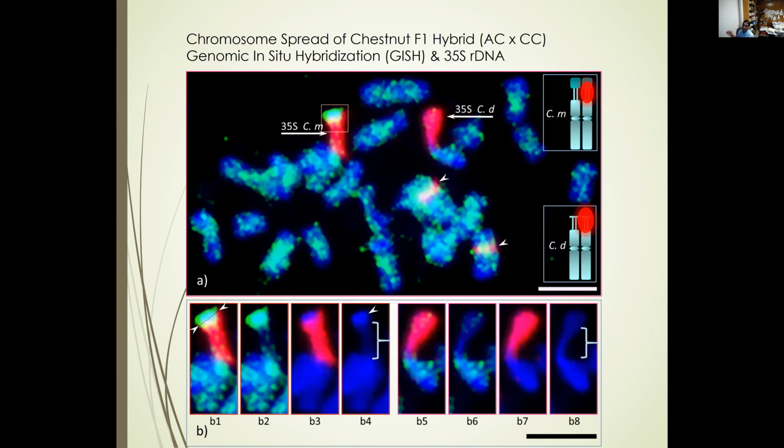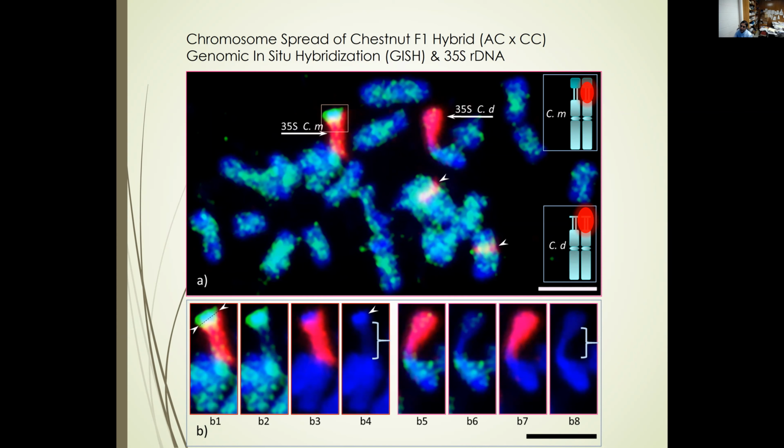Then we used the F1 line between Chinese and American chestnut, with 12 chromosomes from the Chinese parent and 12 chromosomes from the American chestnut parent. This slide clearly shows the difference in the one major 35S signal between the two species' chromosomes. Here the satellite is clearly shown, and we used the genomic DNA of Chinese chestnut.